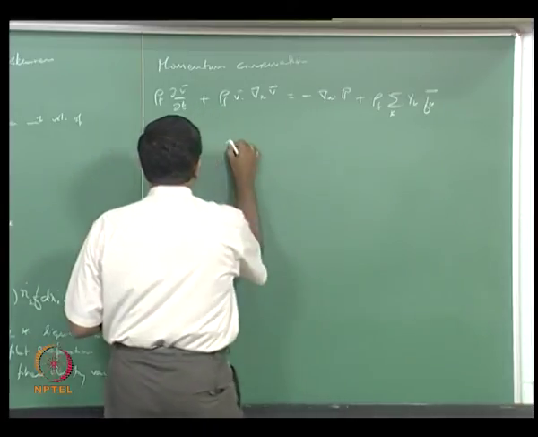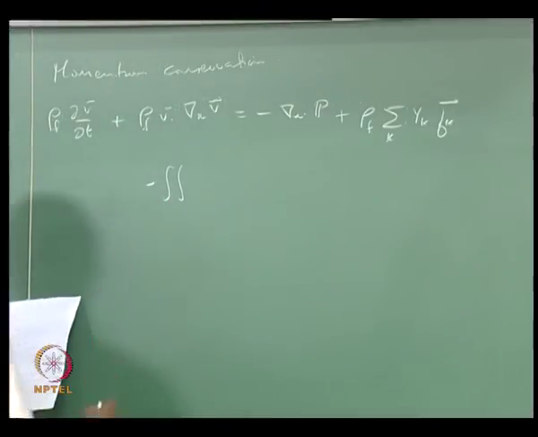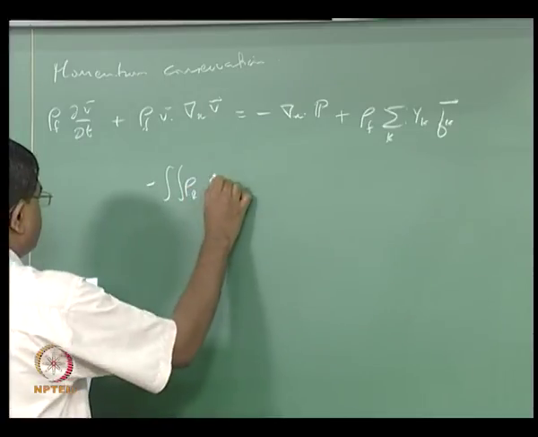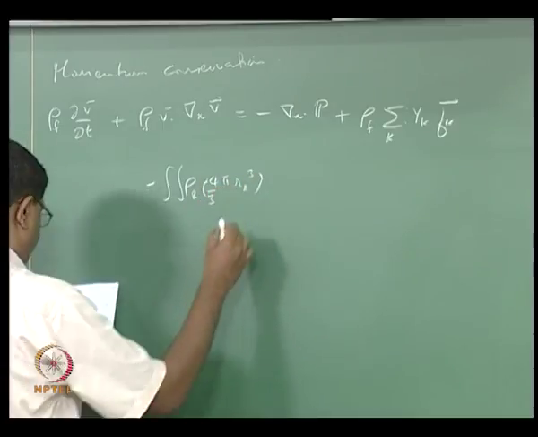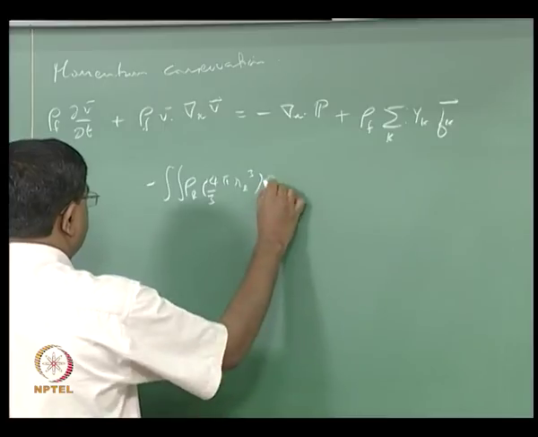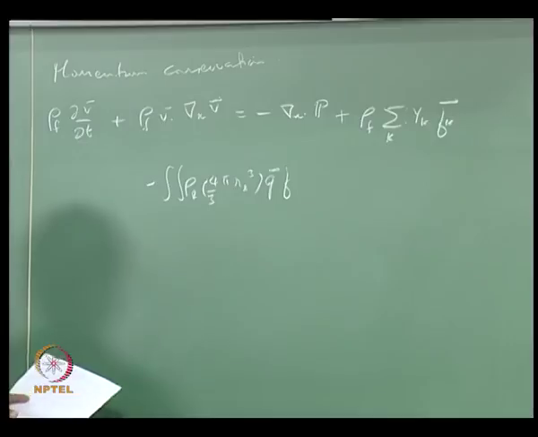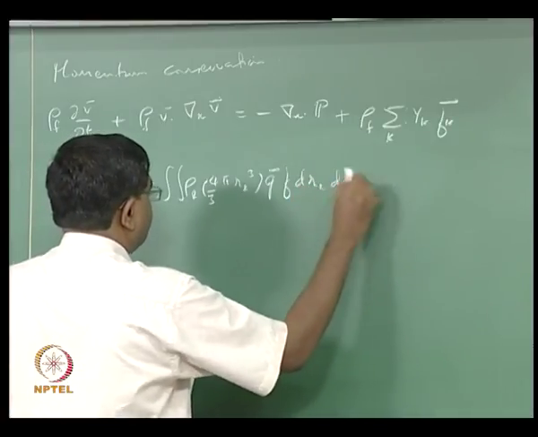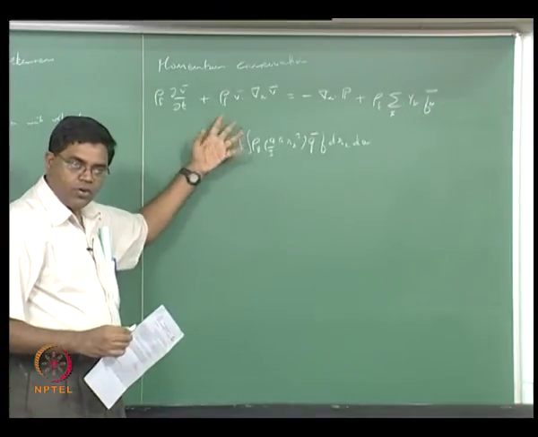We will name these once we finish writing the full equation. Then you have another term, 4 by 3 pi RL cubed. Oh no, this is the drag on the droplet. This is the drag experienced by the droplets from the gas, and in turn the droplets exert an equal and opposite drag on the gas.